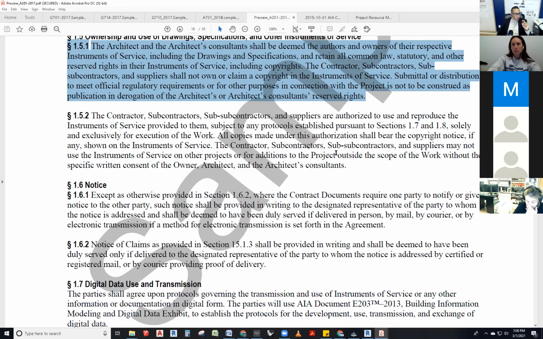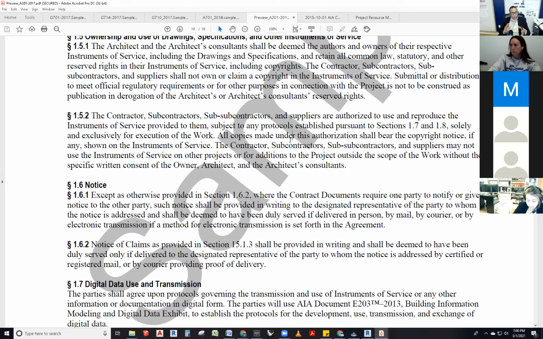We got it. Section 1.5.2. The contractor, subcontractors, and suppliers are authorized to use and reproduce the instruments of service provided to them, subject to any protocols established pursuant to sections 1.7 and 1.8, solely and exclusively for the execution of the work, which we have already established, a portion or whole of the project.